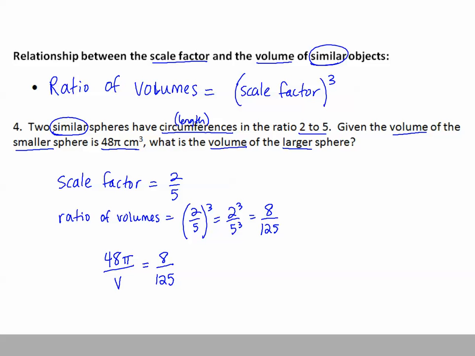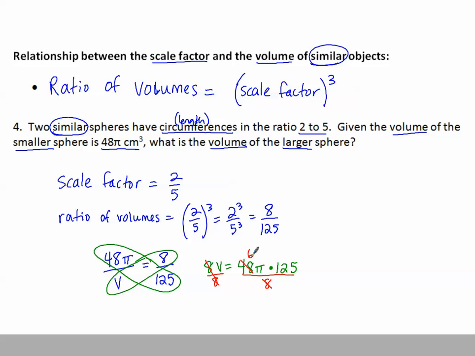And then we can cross multiply to solve. 8 times V, 8V, equals 48 pi times 125. I'm just going to write it like that. Why write it like that? Because I don't need to pull out a calculator then. And now when I divide by 8, you'll see some easy math going on. 8 into 48 goes 6 times.